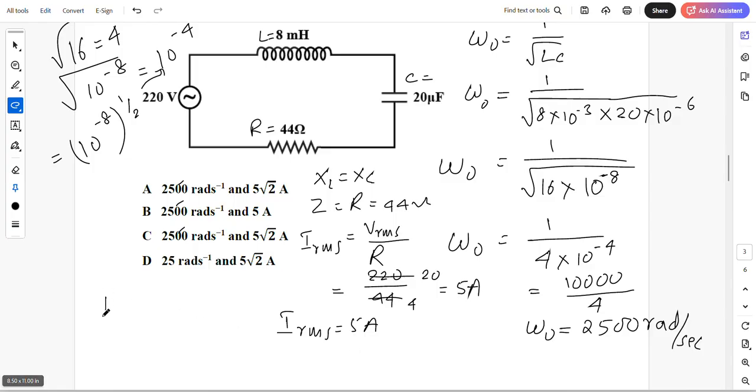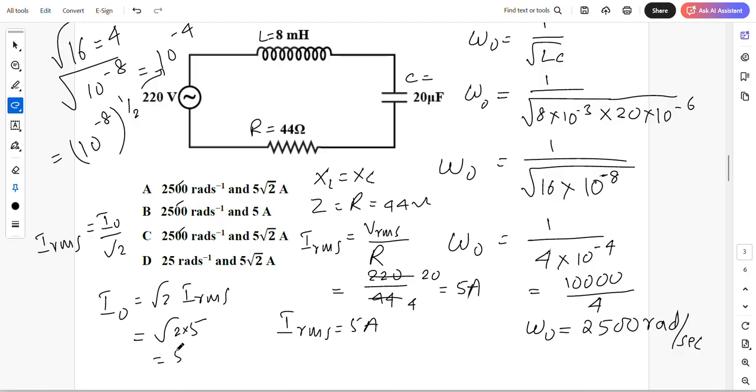Amplitude. What is I naught? We know that IRMS is equal to I naught by root 2. Therefore, I naught will be equal to root 2 into IRMS, which is root 2 into 5, that is 5 root 2 amperes. Hope you understood this one.